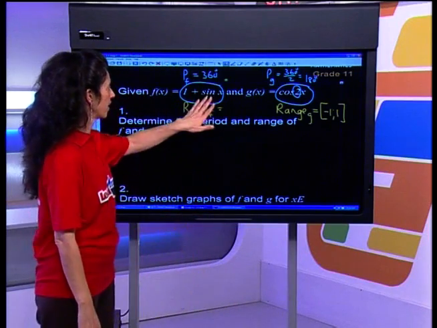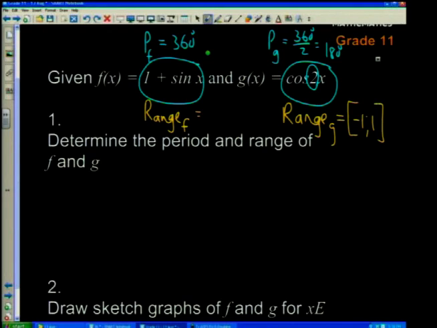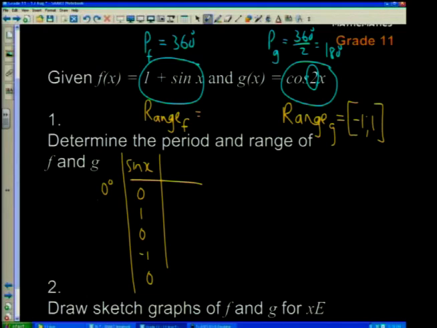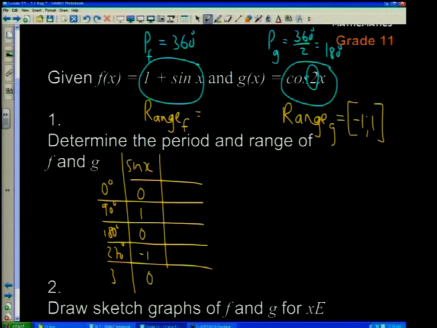However, can you see we are taking sine and adding 1 onto it. So we have to take the y values. The best way is to say, right, what are my y values for my sine graph? So sine x would be a 0, a 1, a 0, a -1, and a 0, and that would happen at my quadrant angles, 0, 90, 180, 270, and 360.